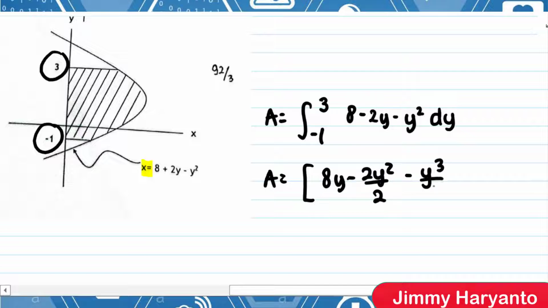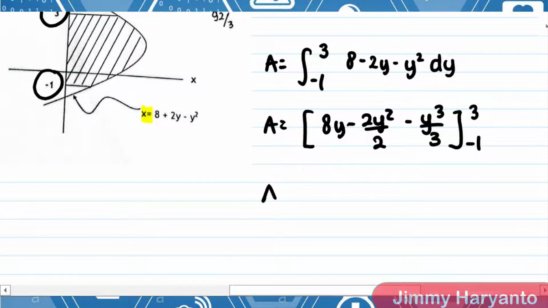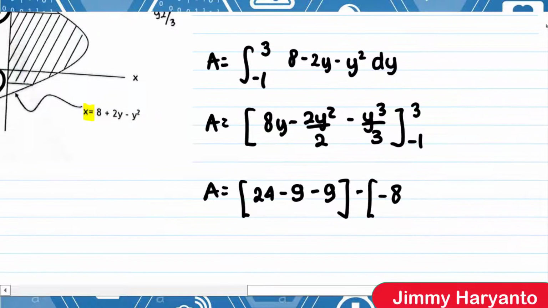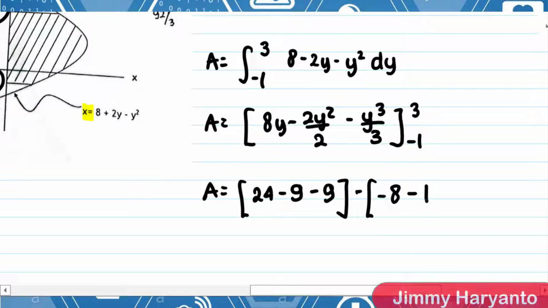minus y cube over 3, and then 3 and -1. Plug in the 3, you will have 24 minus 9 minus 27 divided by 3 is 9, and then plug in the -1, you will have -8 minus 1, and then plus 1 over 3.